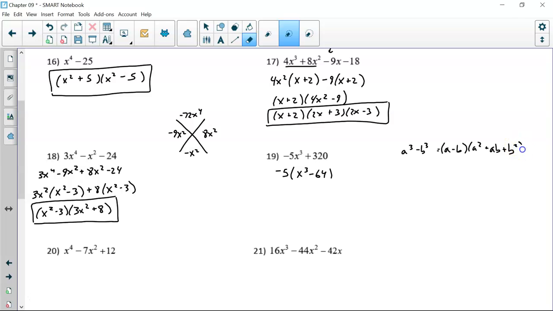So a is the cube root of x cubed, which is x, and b is the cube root of 64, which is 4. So it's negative 5, don't forget that. And then it's just going to be x minus 4, x squared plus 4x plus 4 squared, which is 16. And that is factored.